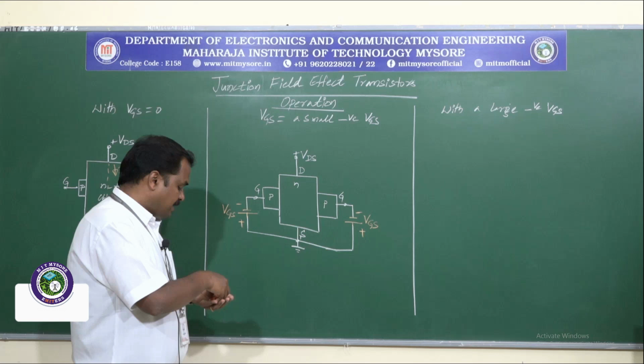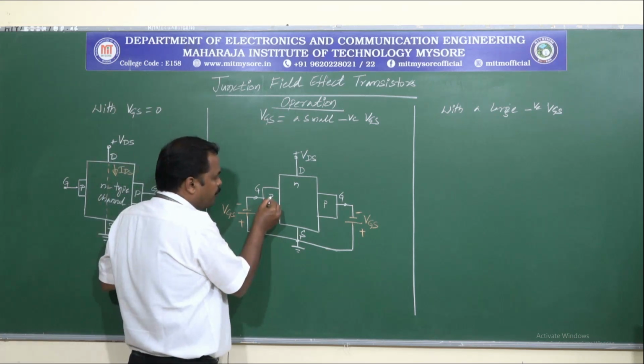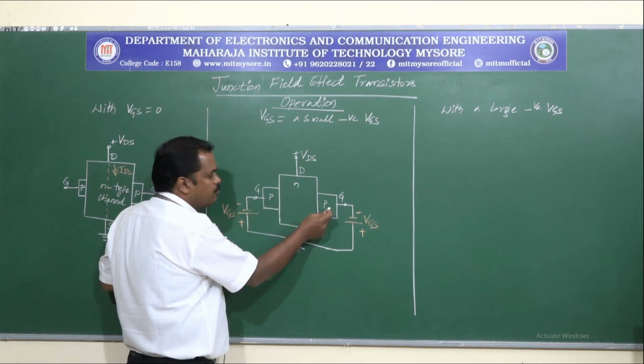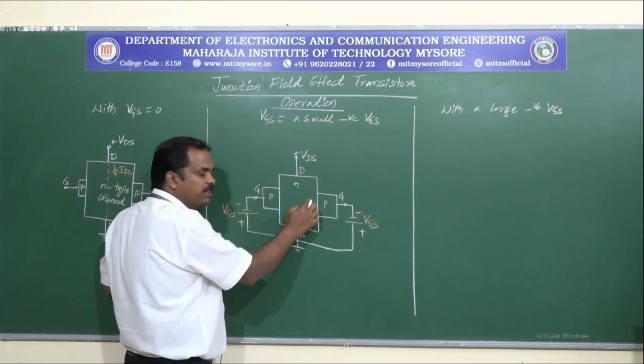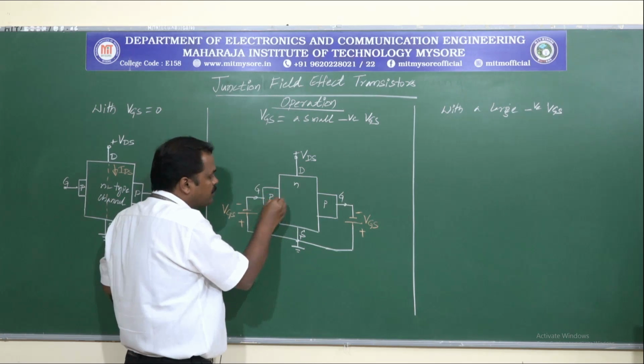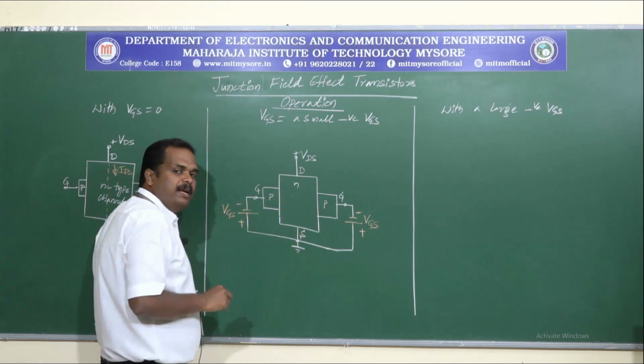And here what we can see is, this P-type gate and this P-type gate form a PN junction with this channel. So this forms a PN junction, this forms a PN junction.